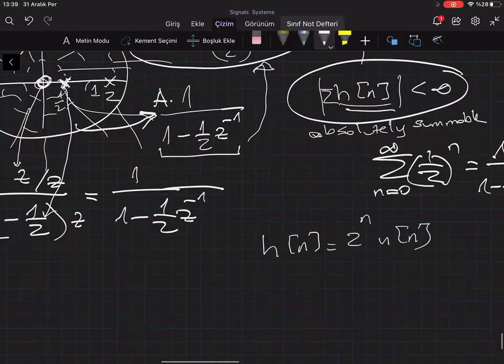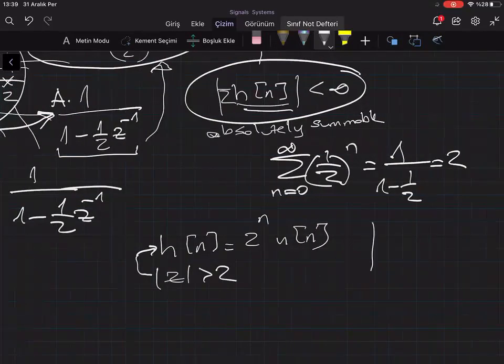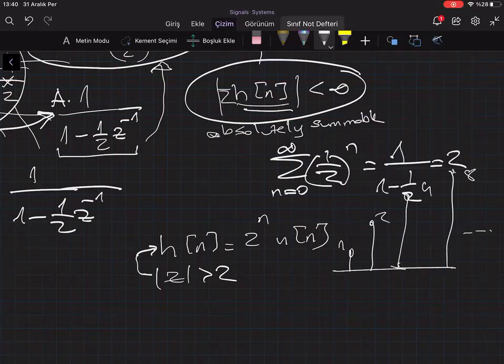Something like that, right-sided. Then if |z| is greater than 2, and this is my h of n, then it is not stable, because it's like 1, 2, 4, 8, and so on. So it's not stable. It doesn't converge to a value.